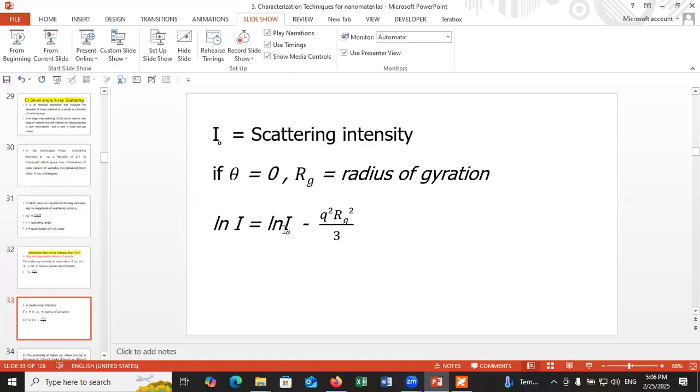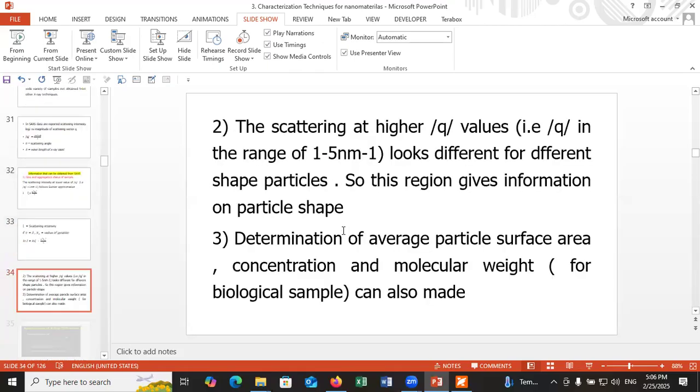So ln I equals ln I naught minus Q square Rg square over 3.